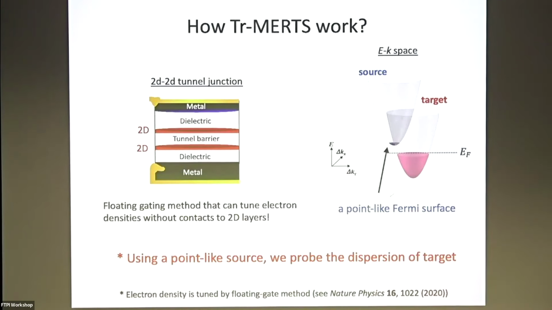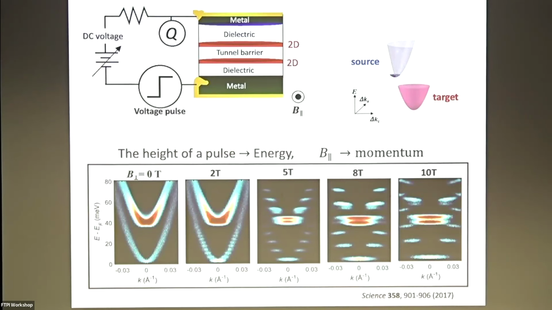So again, we're going to use the same picture of two wells and a point-like source. But I'm going to do this in magnetic field, and we're going to have the source well in the lowest Landau level and at low filling, a Landau level filling of about 0.3. So this is spin polarized, and we're going to tunnel into the target on the other side. What I'm really going to focus on is tunneling from the n=0 Landau level into n=1, and watch what happens.